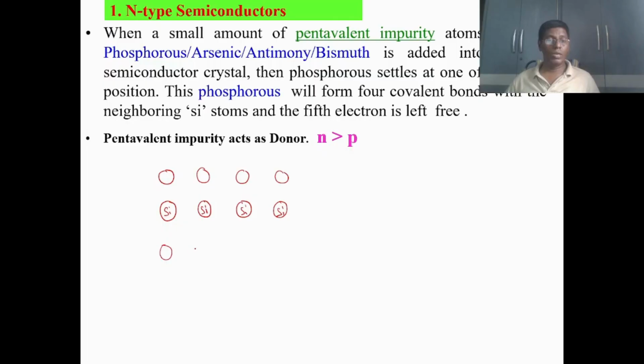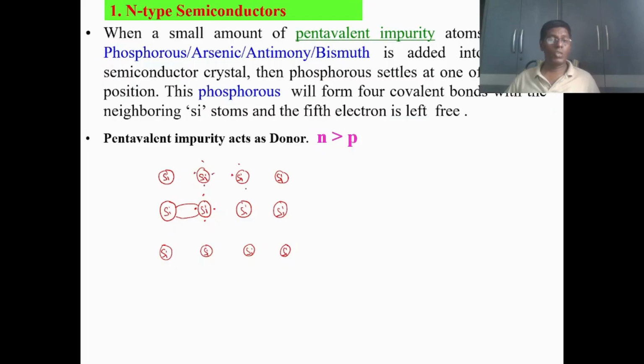So you can take one silicon crystal which contains a large number of silicon atoms. All are silicon only. Before starting, I am going to consider intrinsic silicon, which contains 4 valence electrons.